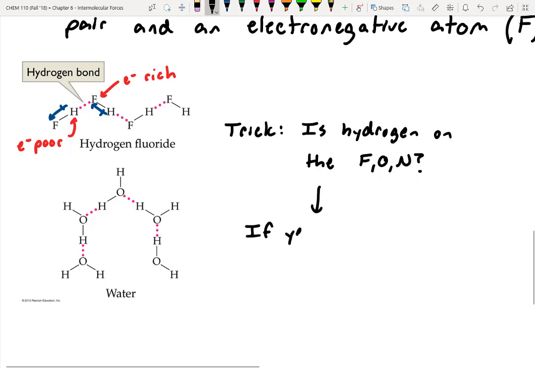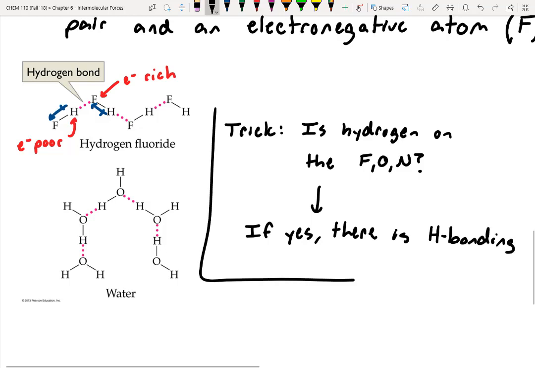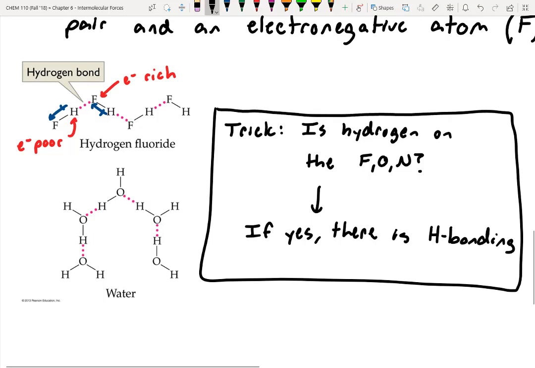And if your answer is yes, there is H bonding. The most important thing, though, is your hydrogen has to be directly attached to a fluorine, oxygen, or nitrogen. It can't be multiple atoms away. That won't do hydrogen bonding. Does that make sense?